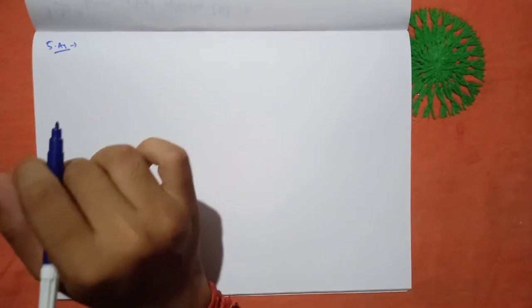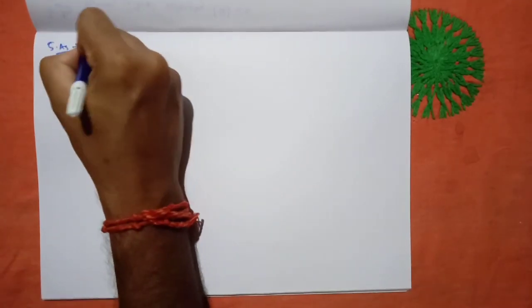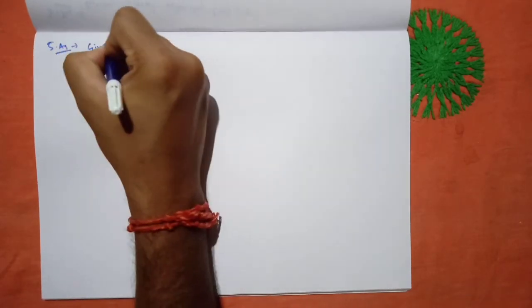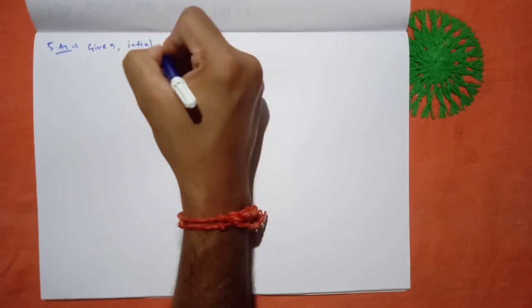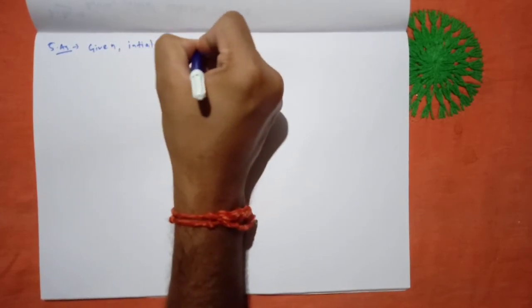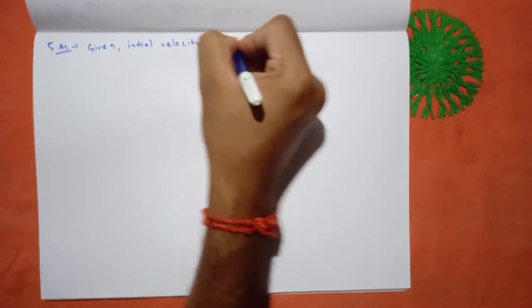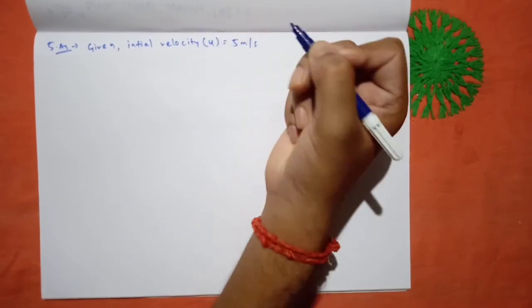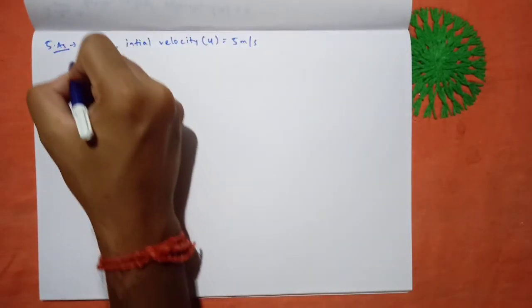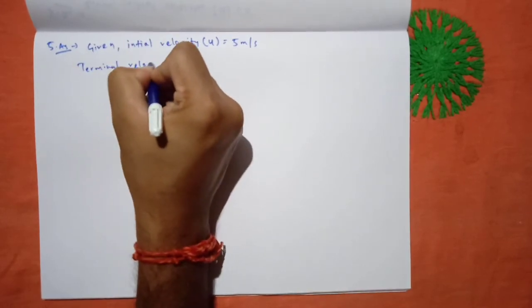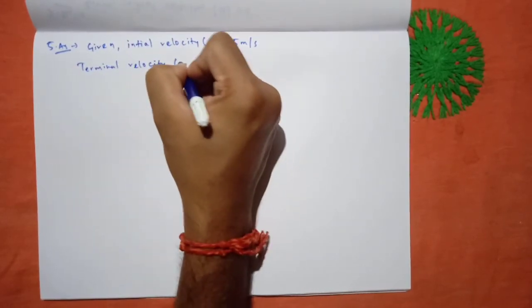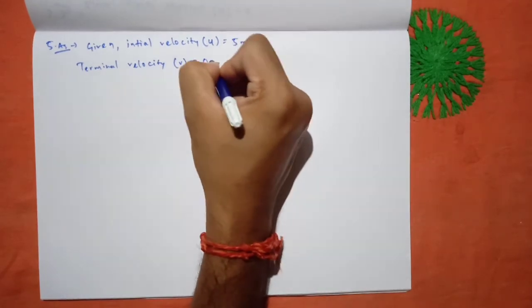So we'll start by the given information, which is initial velocity, which is u, is given 5 meter per second. Then the terminal velocity, which is v, equal to 0.